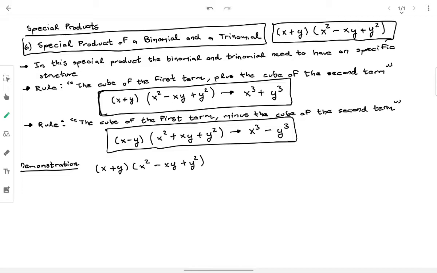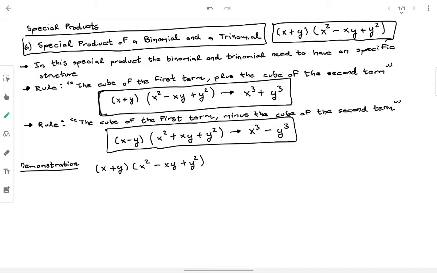So let's see. As I was telling you, we need to have a specific structure. The specific structure will give us the specific rule. So the rule is the cube of the first term plus the cube of the second term. That will be if we have a specific one like x plus y multiplied by x squared minus xy plus y squared.